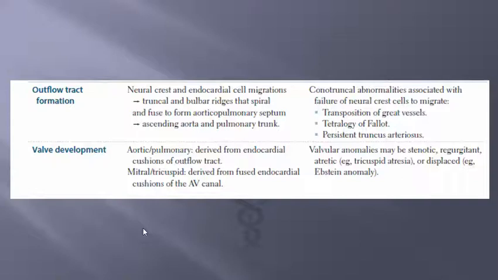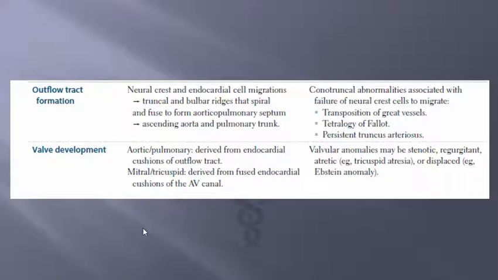Spiral, again, is more of a twist. But they fuse and they form the aorta and the pulmonary septum bifurcation. That's called the aorticopulmonary septum. It'll also create the ascending aorta, the aorta coming out of the heart upwards, and then the pulmonary trunk going into the lungs.